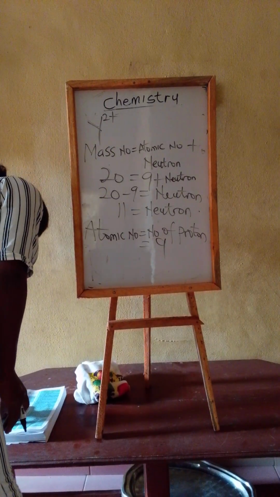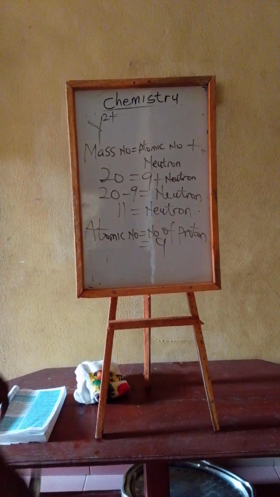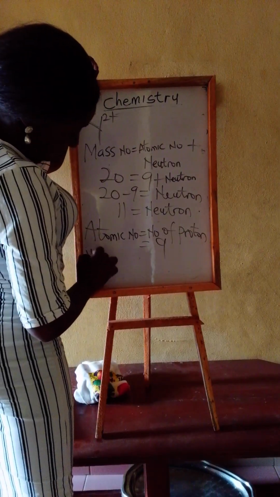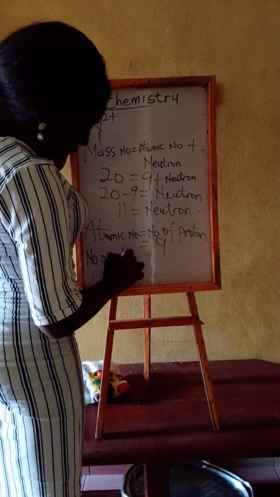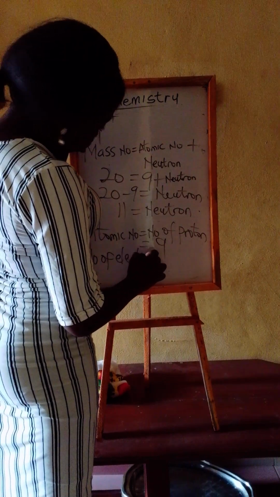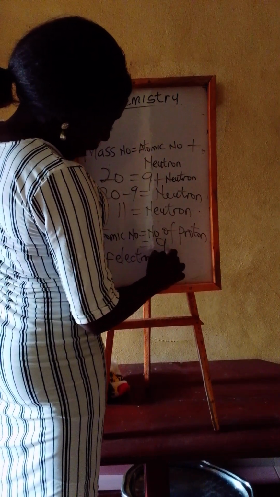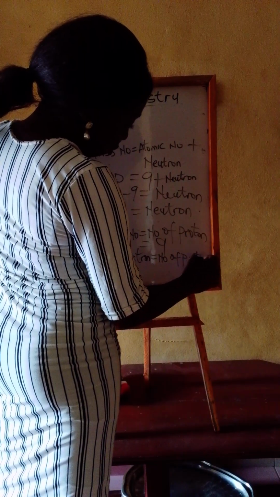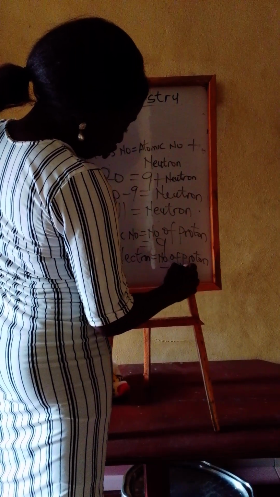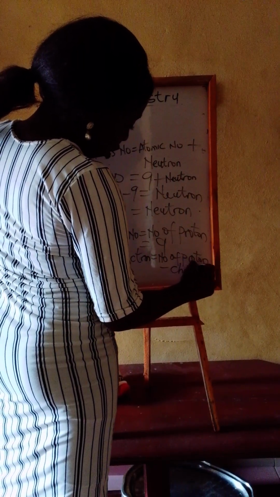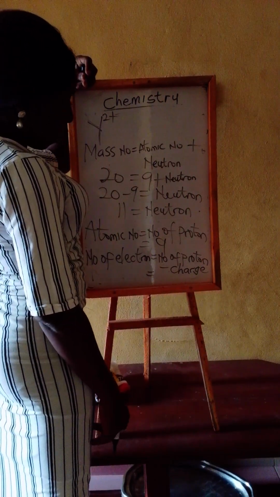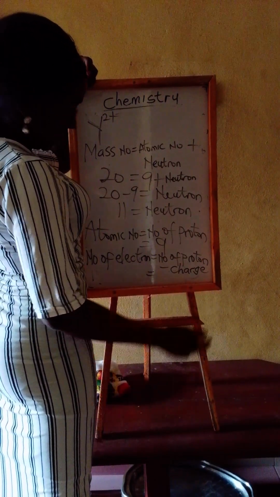Then the next one, we have number of electron. Remember, number of electron equals number of proton minus charge. Now, what's the number of proton? Number of proton is 9.